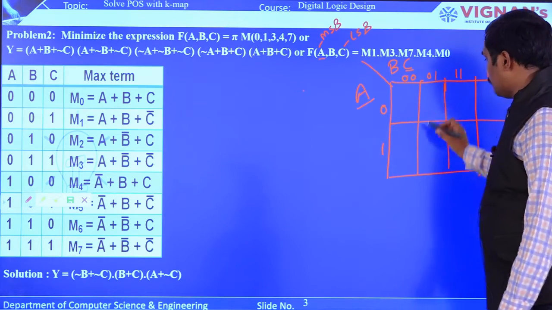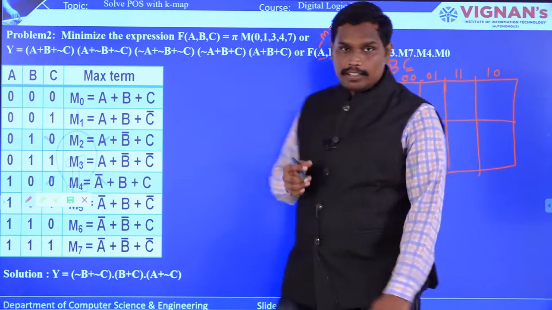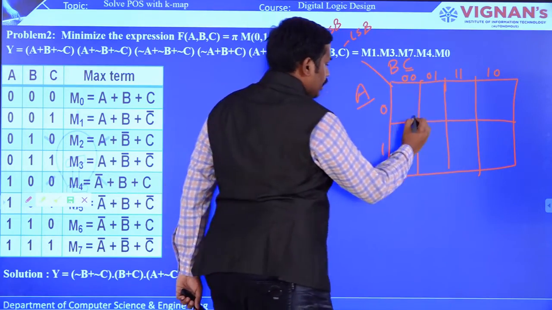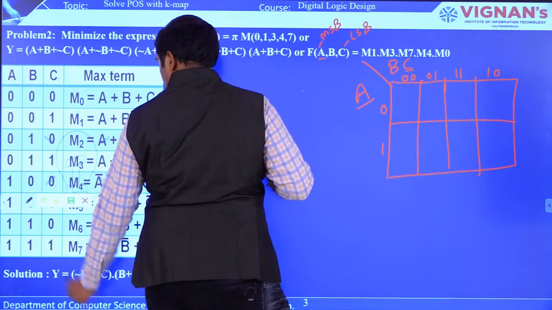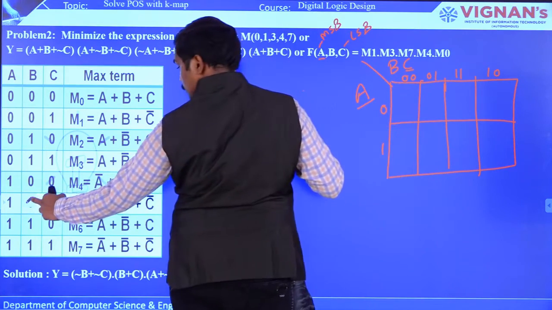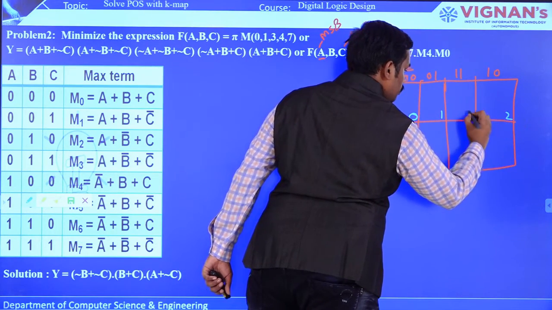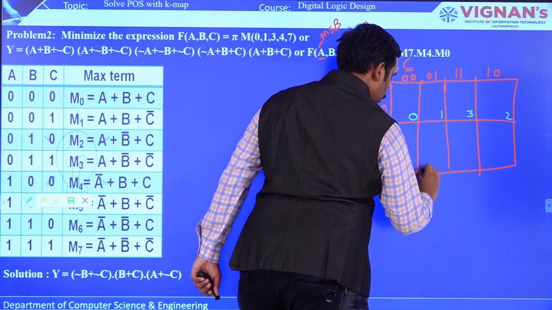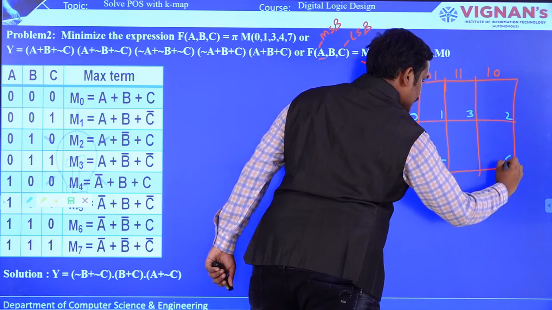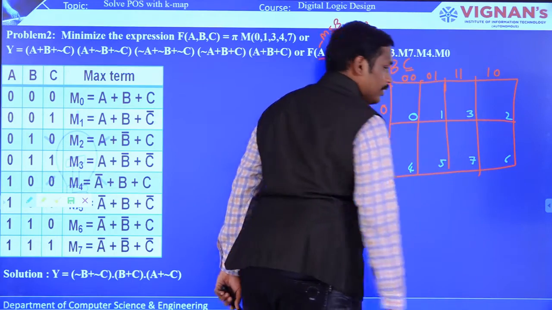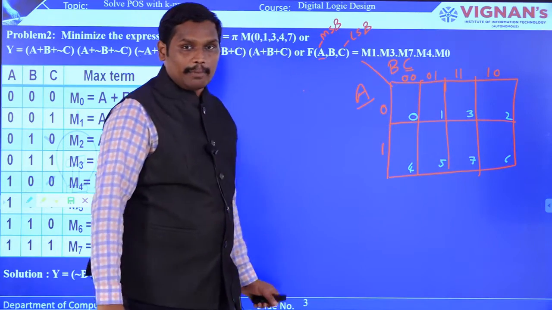Okay. So now the positions of that particular 3 variable Karnaugh map, here you can see it is 0, 1, 2, 3 and 4, 5, 6 and 7. This is how you construct a 3 variable Karnaugh map.